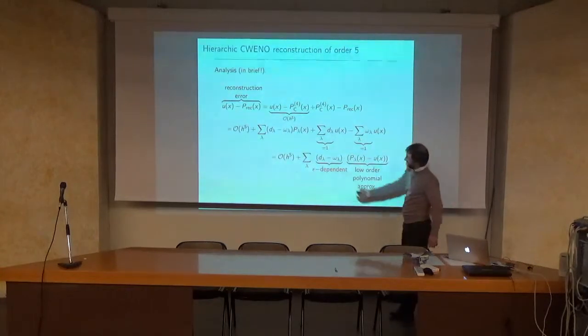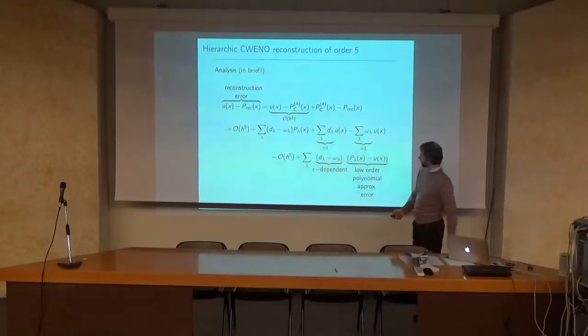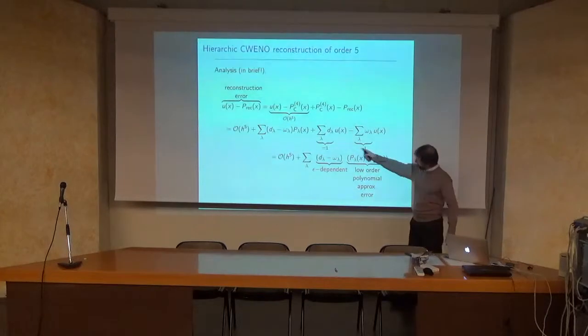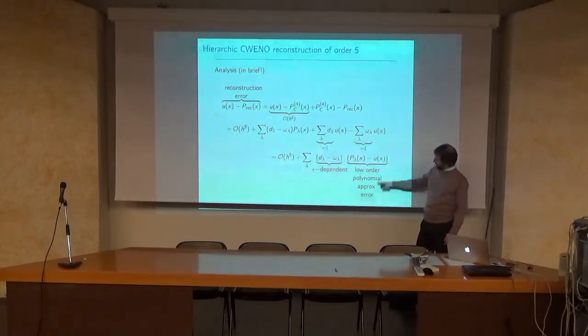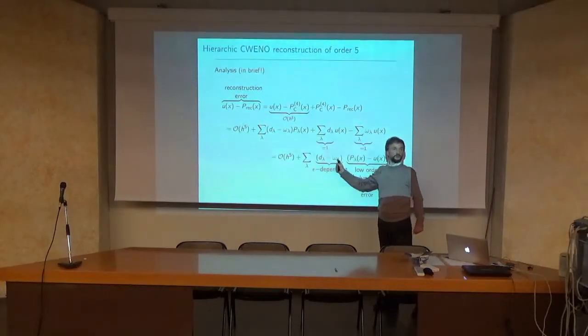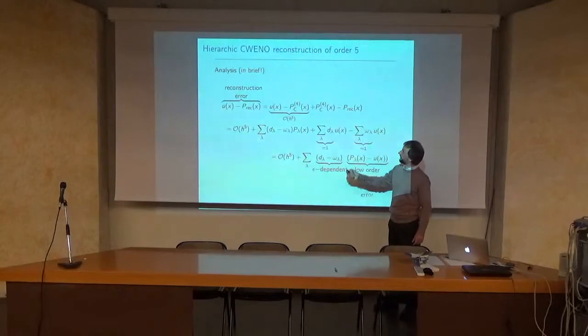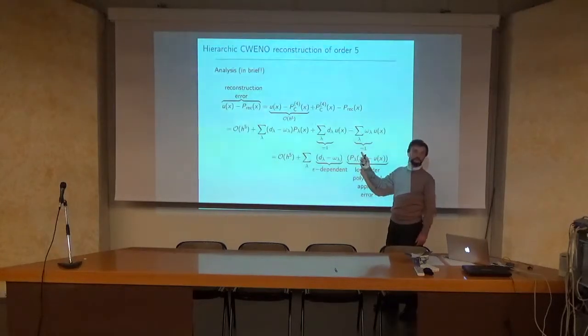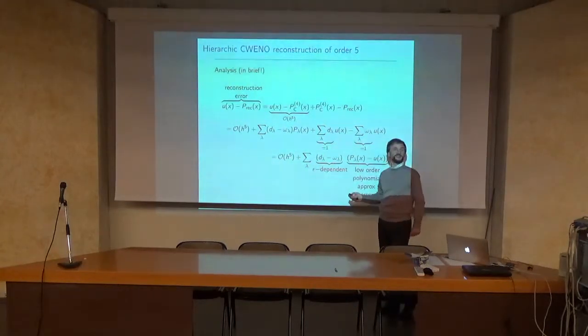And you can split this error into two contributions. One is really a low-order polynomial approximation error, and the other part is the distance between the linear and the nonlinear coefficients. So this part is the hard part to estimate, but I meant to show you just a brief analysis, so we'll skip all the details.